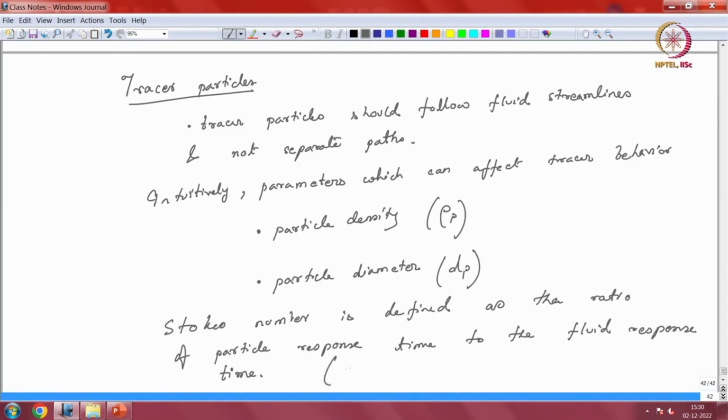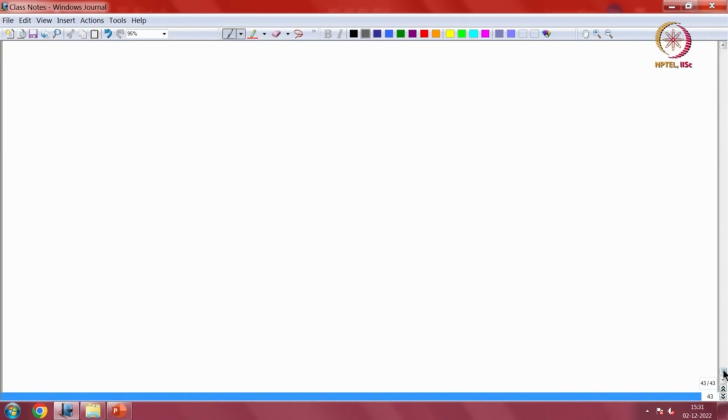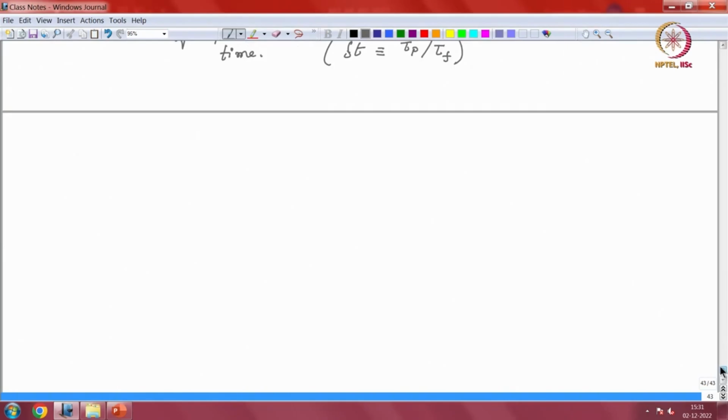So my Stokes number, I am going to define it as some tau p, which I will call the particle response time, versus some tau f, which is my flow response time. And I will see what each of these quantities are. Now my response time is basically a measure of how quickly a quantity responds to change, right.